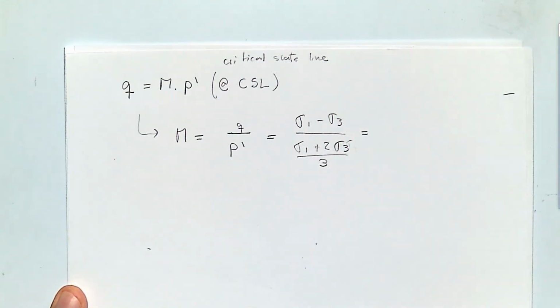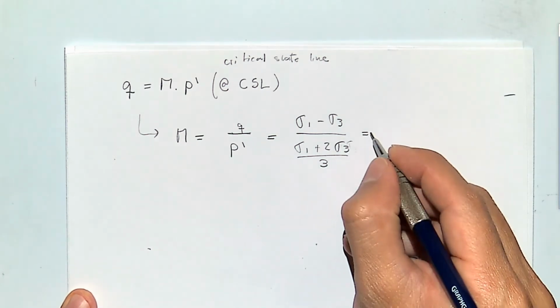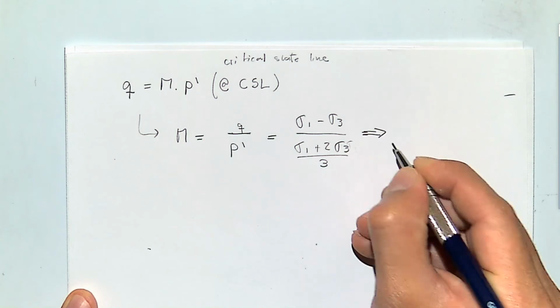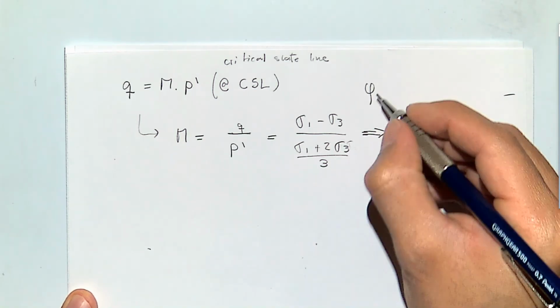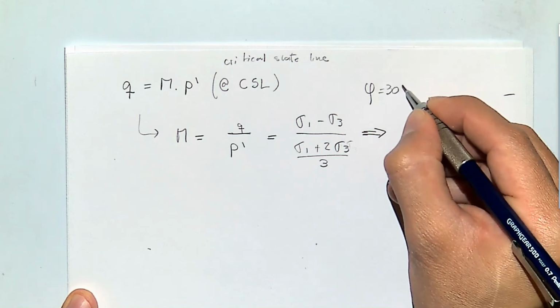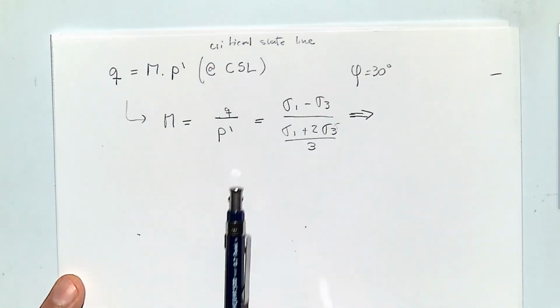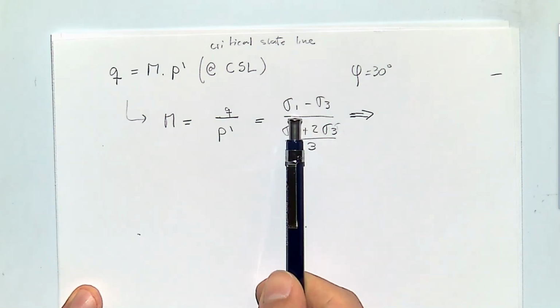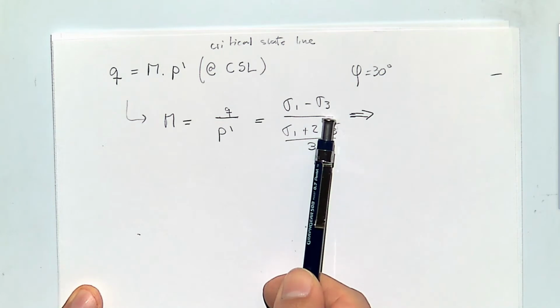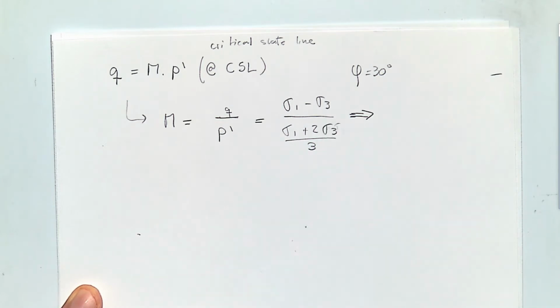And so I'm going to further assume here that, let's say, the friction angle is equal to 30 degrees, and if this is at failure or yield, what is going to be the value of sigma 1 as a function of sigma 3?